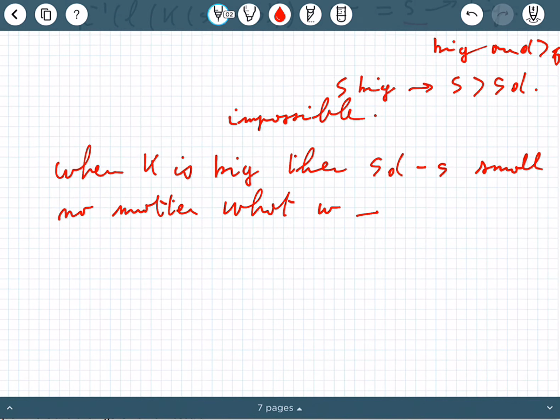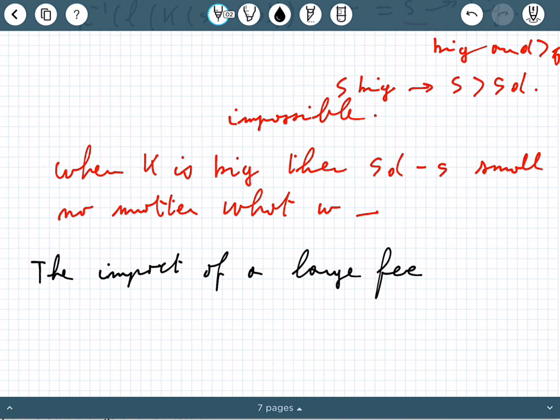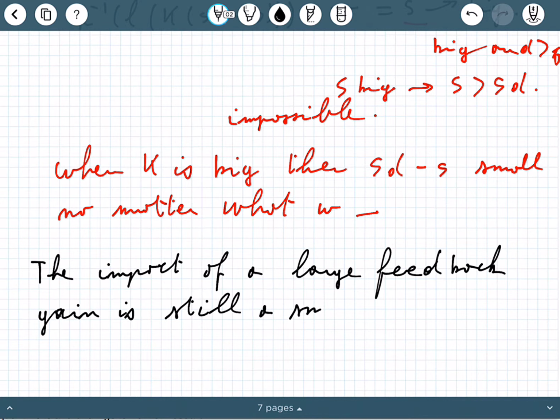So what we can conclude is that the impact of a large feedback gain is still a small error in speed.